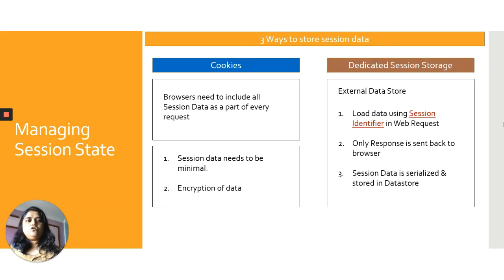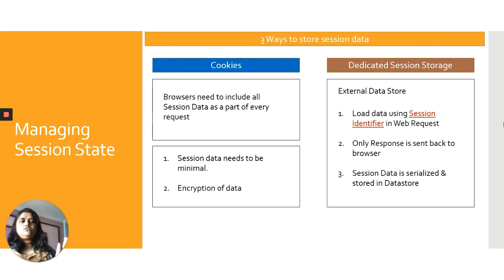The other option that you have is that of dedicated session storage. What we do here is that we have an external data store. You will save your session data to the external data store with the use of a session identifier, and the session identifier will be there in every request. When you respond back, again you will store this data back to the data store.